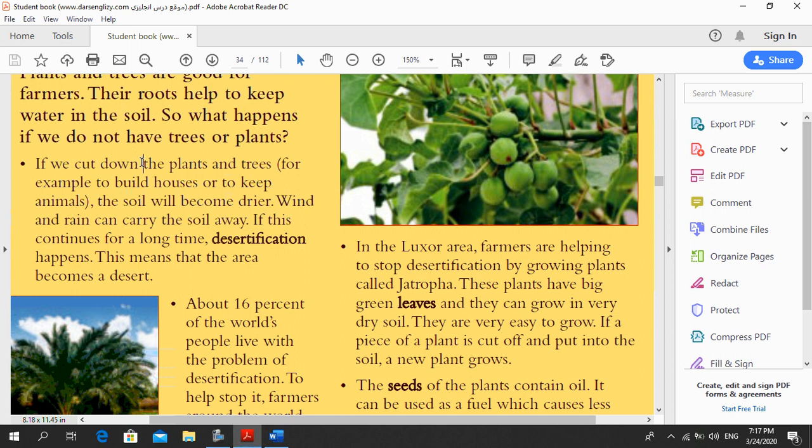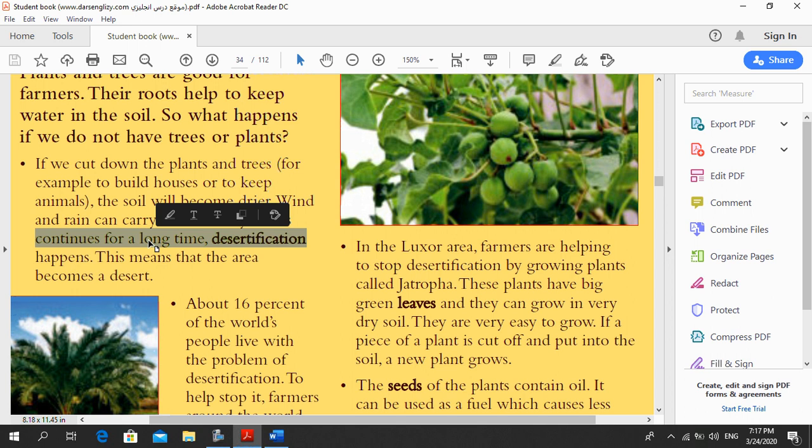If you cut down plants and trees, for example, to build houses, the soil will become drier, and the wind will carry the soil away. If this continues for a long time, desertification happens. This means that the area becomes a desert.